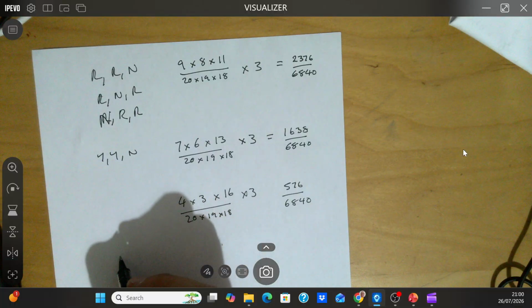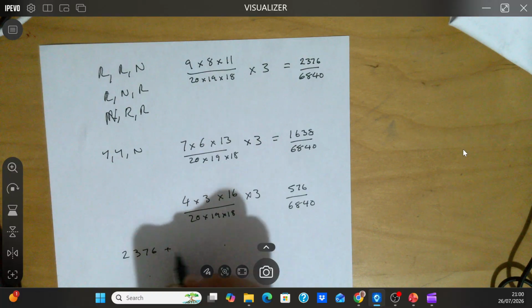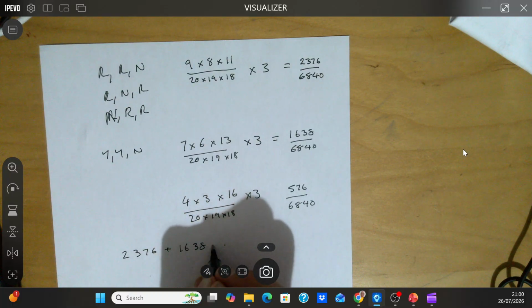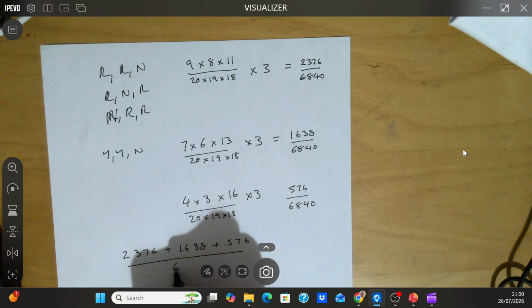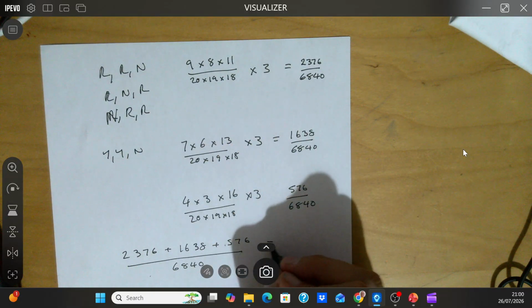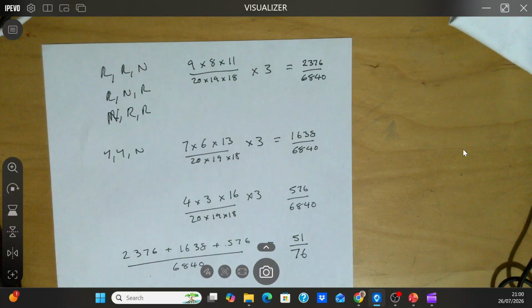We need to add them. So I'm just going to write 2376 plus 1638 plus 576, all over 6840, adding them, which equals, on my calculator, 51 over 76, and that is my answer.